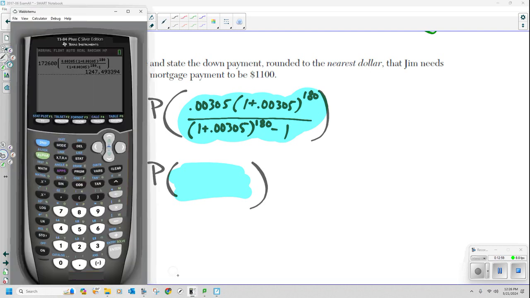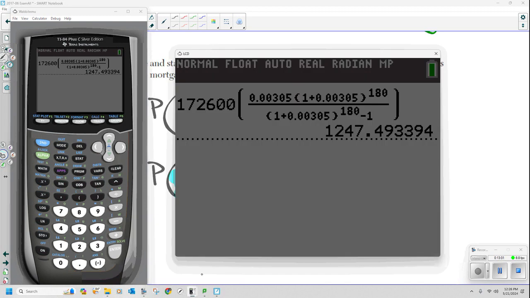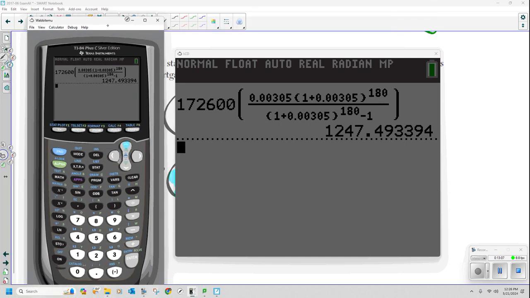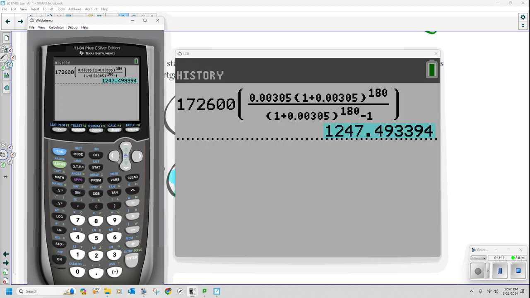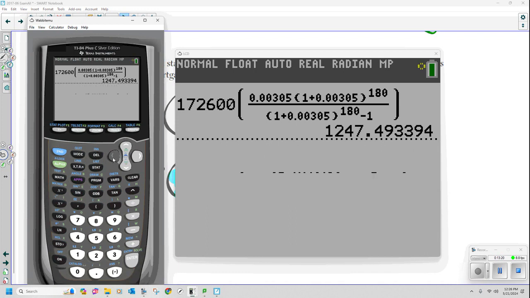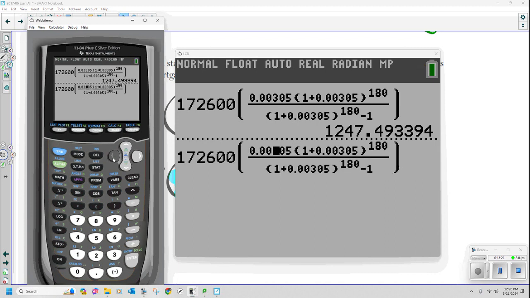Is there a way I can do this without retyping everything? Oh, skip, yep. There we go. Get rid of these, all three of them. I'm going to go up here and hit enter, and then I'm just going to delete that 172,600 in front. I think that's a lot easier and quicker. Maybe not.